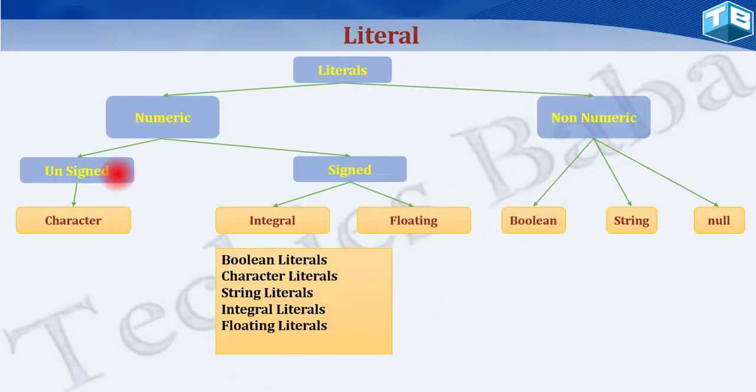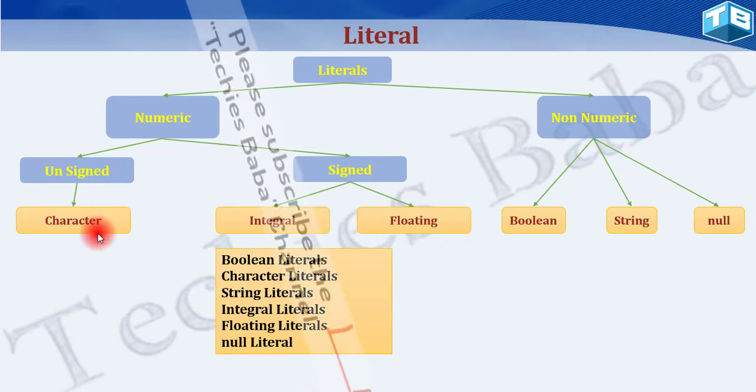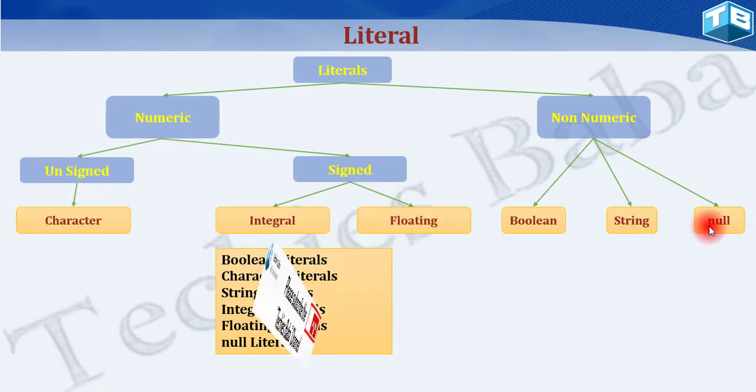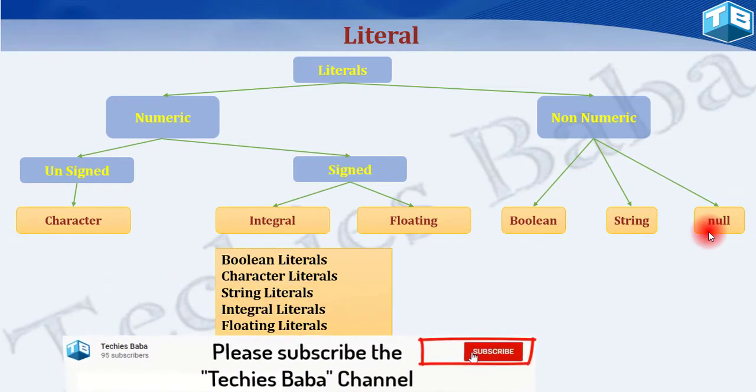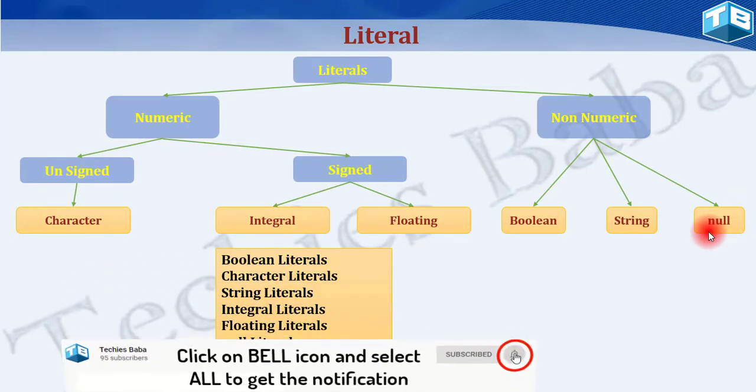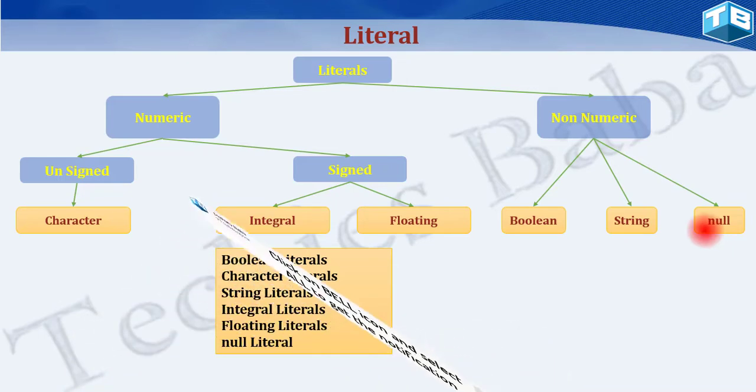Null is explicit. So these are the categories available for literals. Any actual value that we are going to use inside our program will be a part of these literals only.